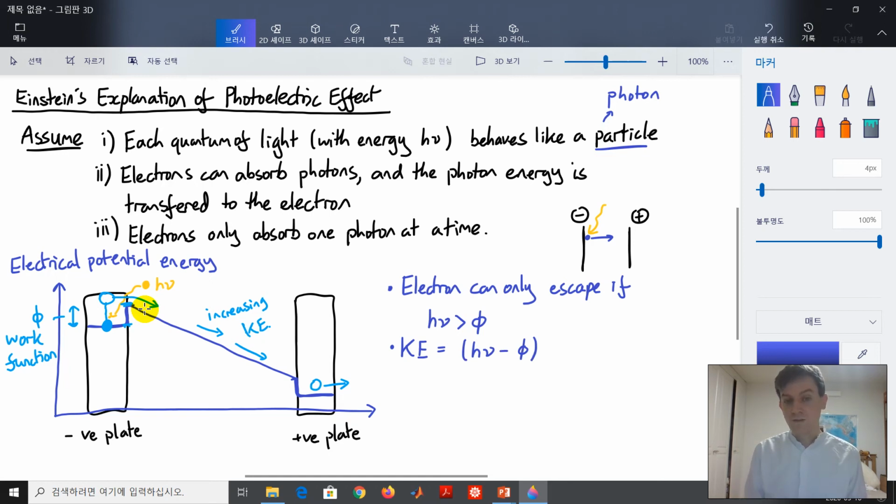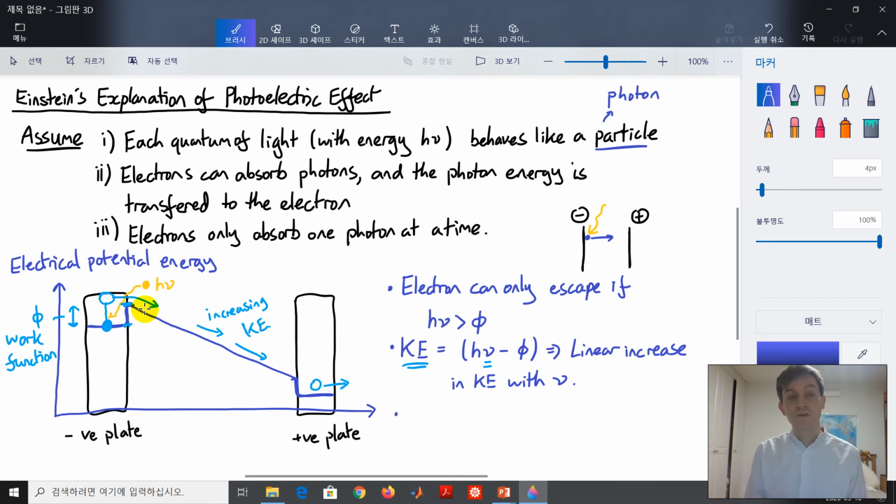So you can see here that you get a linear increase in kinetic energy as a function of frequency nu, which is one of the observations of the photoelectric effect.